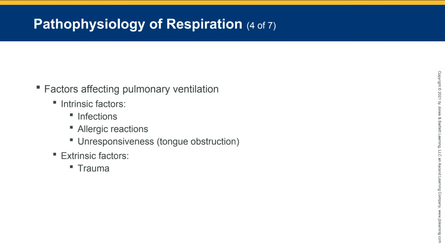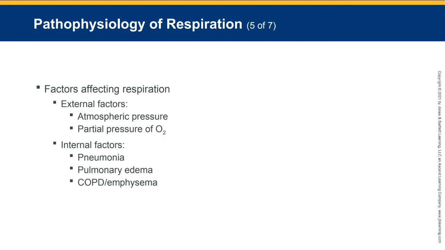Now, factors that can affect pulmonary ventilation: there can be intrinsic factors like infection, allergic reaction, unresponsiveness, which leads to tongue obstruction, and there can be extrinsic factors like trauma. Now, factors affecting respiration.